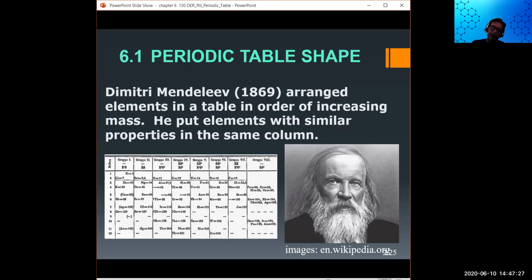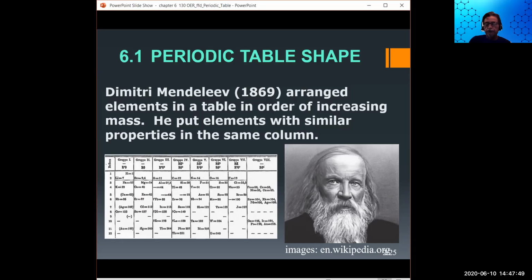Now, what's fascinating about this is the time period, we didn't have all this fancy equipment. And so his deductions were based on observations and observing the elements and how they reacted. Couldn't really explain why they did that like we have it now.